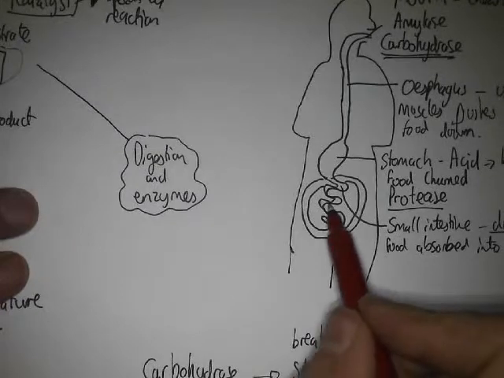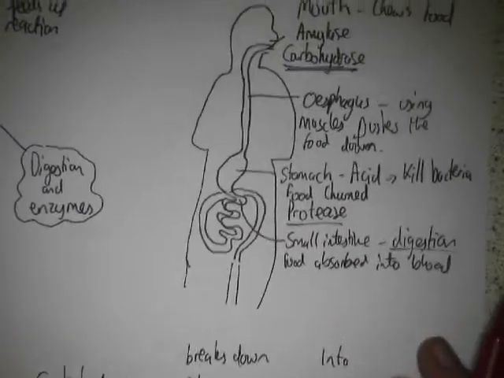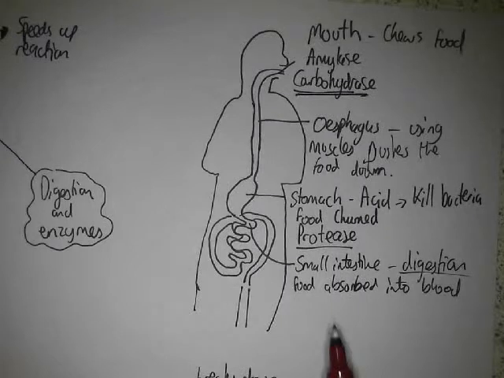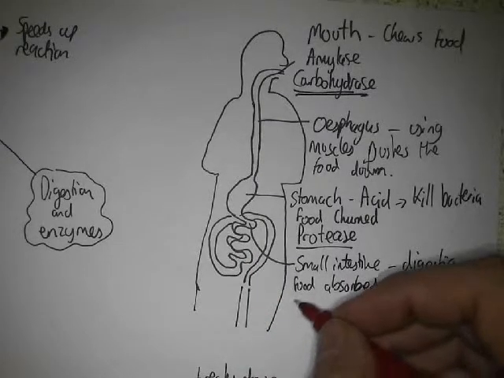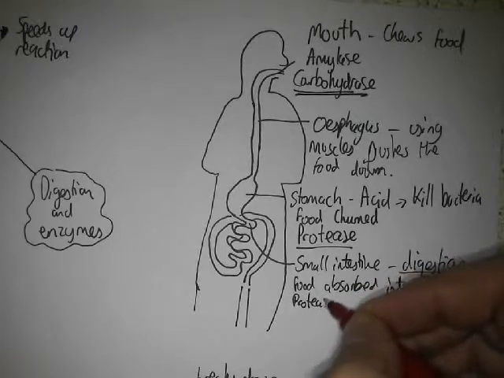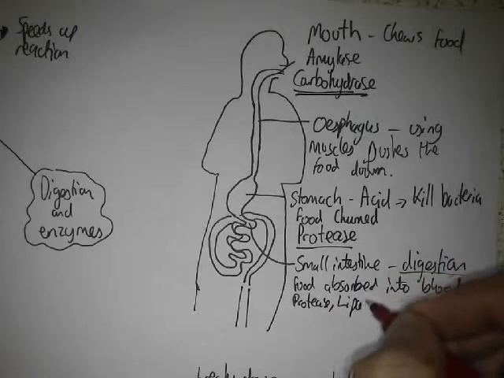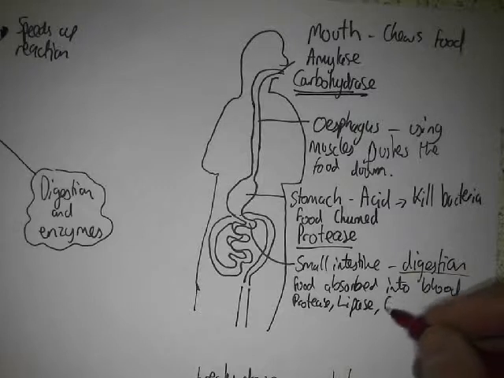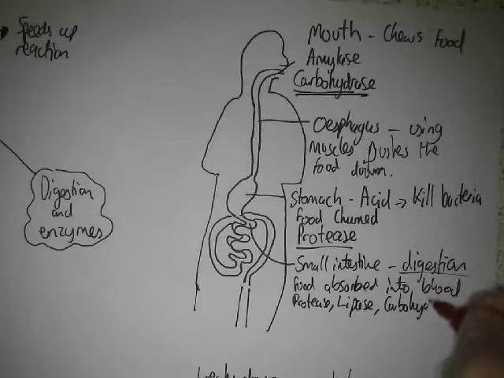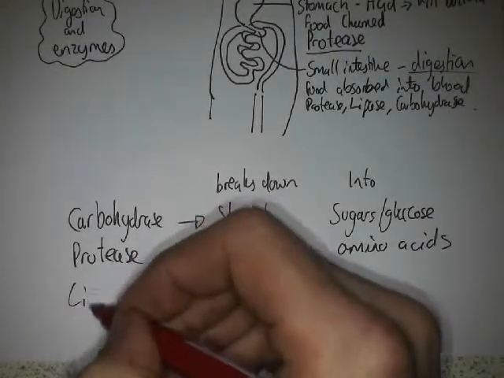This happens at the small intestine. So if the majority of the food is absorbed into the blood, then all 3 enzymes are released. So protease, lipase, and carbohydrase. All 3 are going here. So we can now add our third one, our last one, to the table. Lipase.